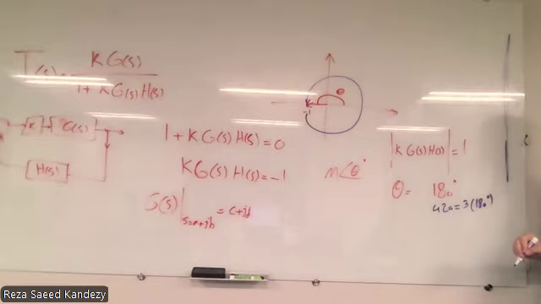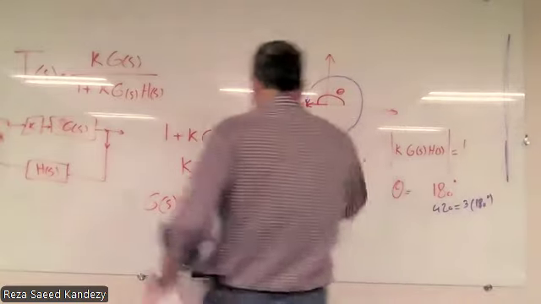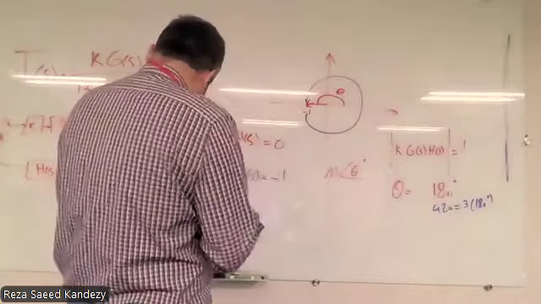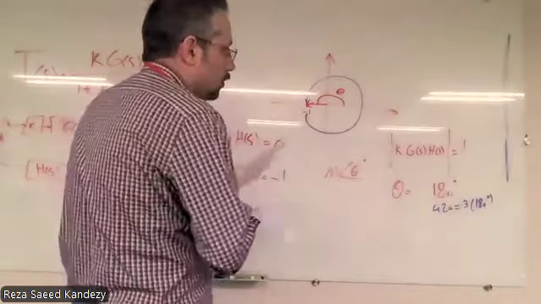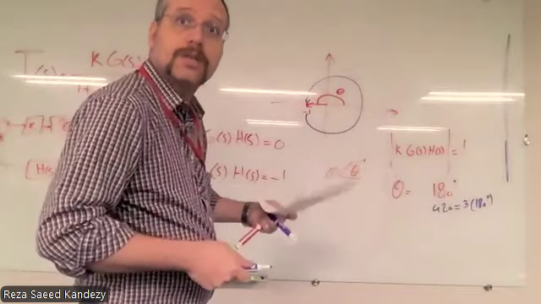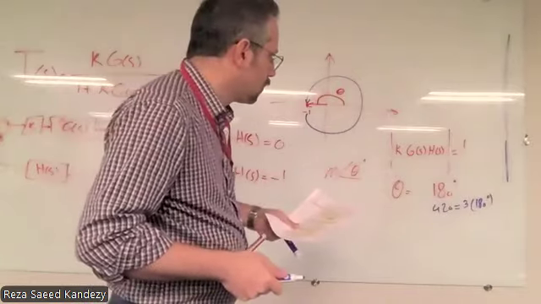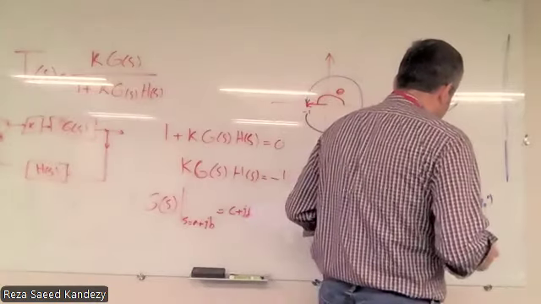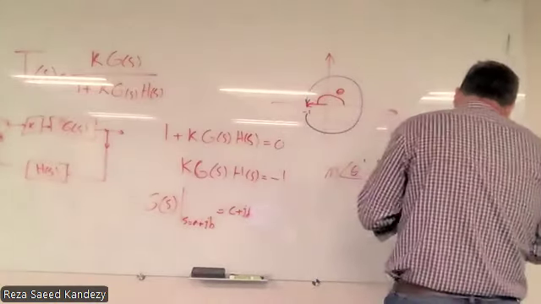Is 3, right? Now let's turn another round. That's 540. 180 times 3 is 540. Oh, sorry.